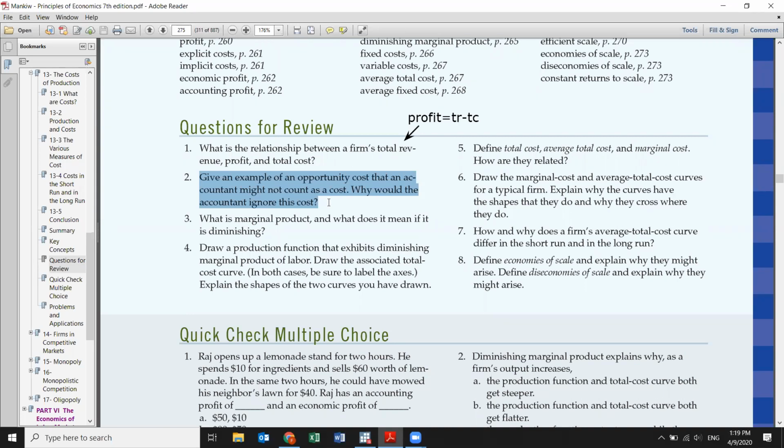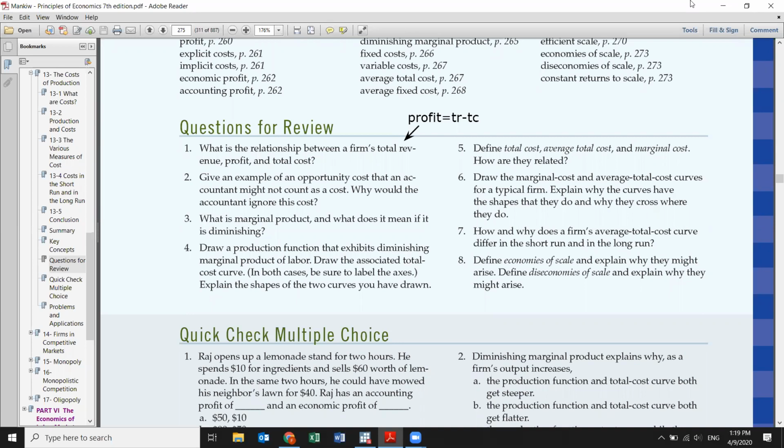But the opportunity cost, like you could have earned it, you could have spent it, is just a hypothetical issue which the economist's view takes into consideration. So this is the second question.